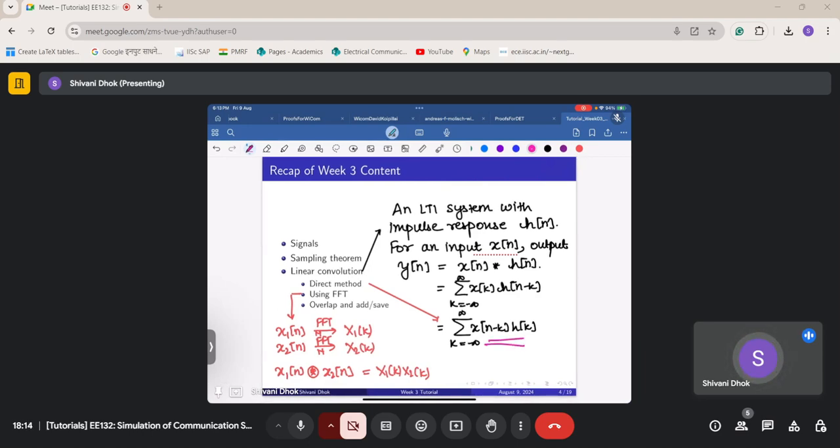We'll first have to take FFT of both the signals, N-point FFT, then multiply them, and then take inverse FFT to get the linear convolution. Another two ways which were memory efficient were overlap and add and overlap and save methods.